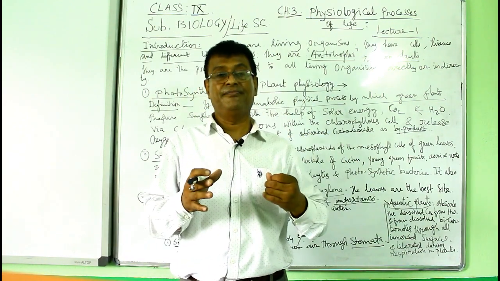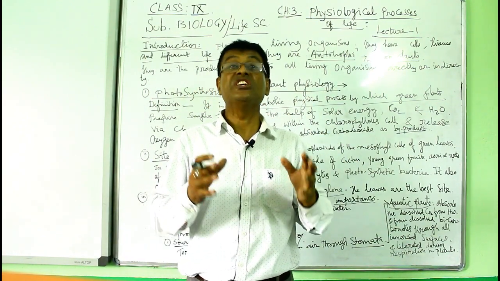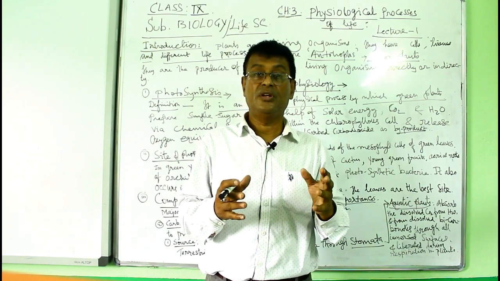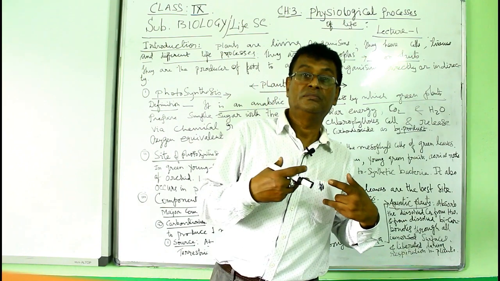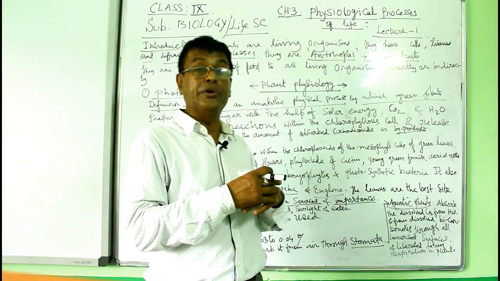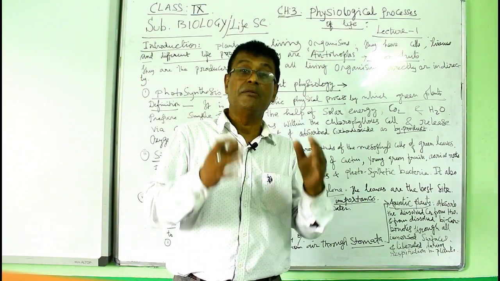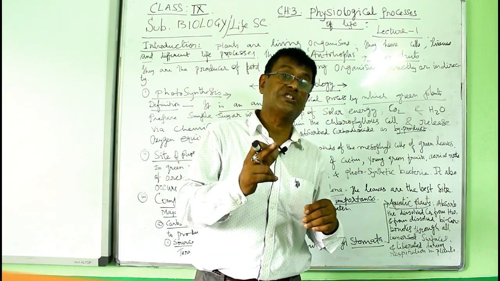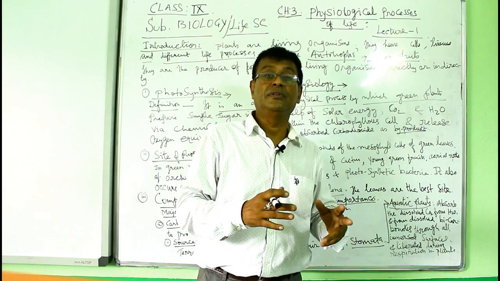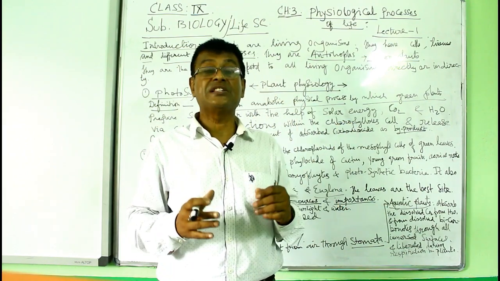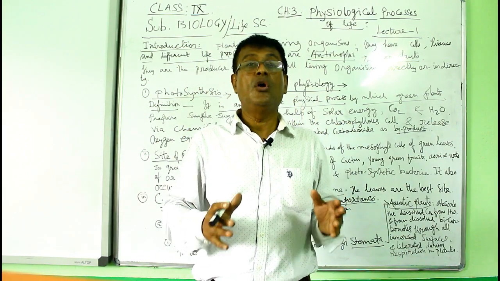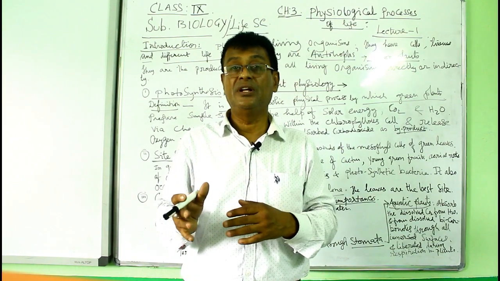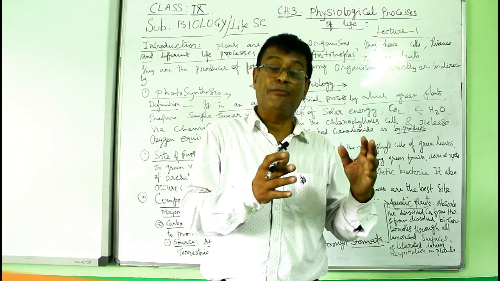Every living organism has different life processes. All these life processes together we know as metabolic processes. In these metabolic processes, some processes are constructive and are known as anabolic processes, while some processes are destructive, known as catabolic processes.